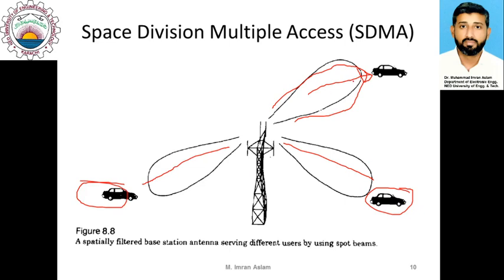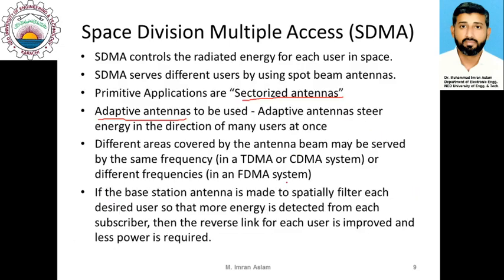These users are spatially at different locations, and these spot beams are providing access to the base station so that they do not interfere with each other. It must be noted that the different areas covered by antenna beams can be served using the same frequencies, or it may be possible that we use different frequencies for different beams as well, as we also do in FDMA systems.